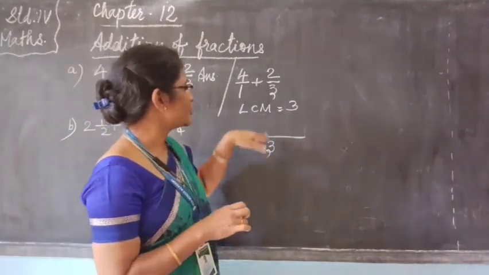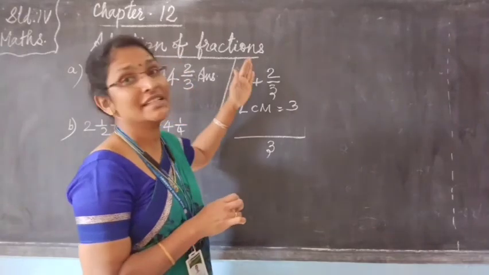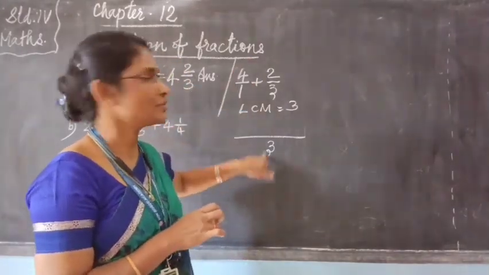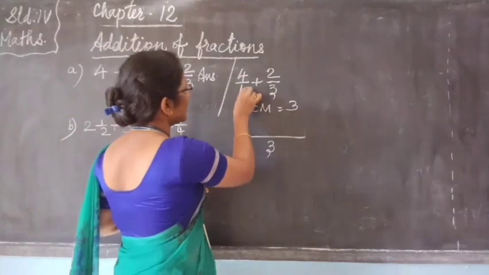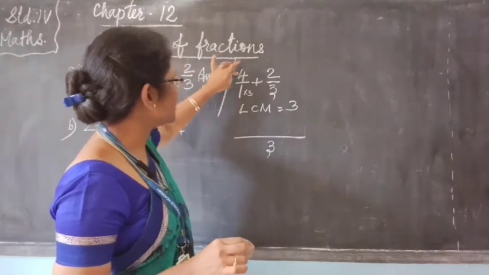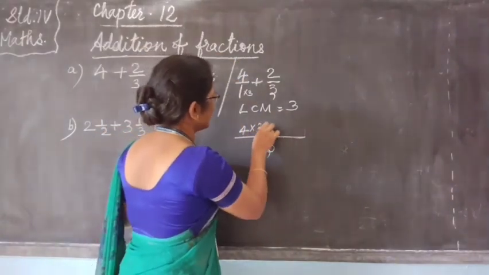Okay? Now according to the change in the denominator, how can we change the numerator? How many ones are 3? We have to see how many ones are 3. 1 3s are 3. Then multiply the numerator also with the same 3: 4 into 3.